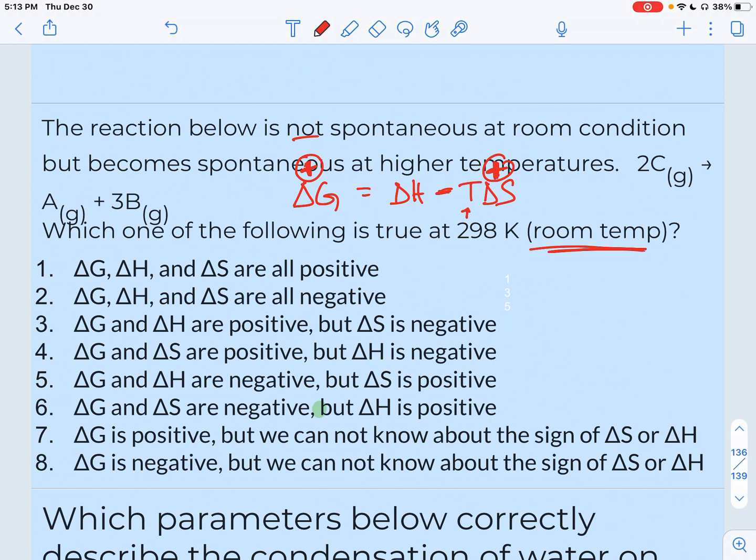And if we know delta S is positive, the only way it could be not spontaneous at room conditions is if delta H was also positive. So it's a little bit of a conceptual puzzle for you to figure out, but you just need to think it through, and you will realize that they all have to be positive.